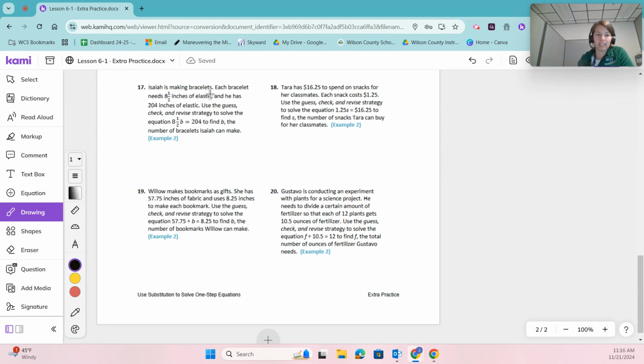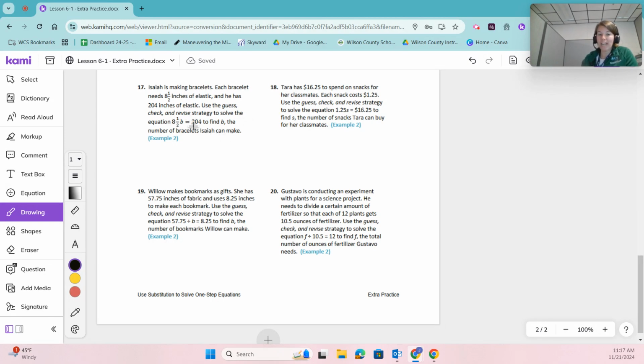Isaiah is making bracelets. Each bracelet needs 8.5 inches of elastic, and he has 204 inches of elastic. Use the guess and check and revise strategy to solve the equation 8.5b equals 204 to find b, the number of bracelets Isaiah can make.